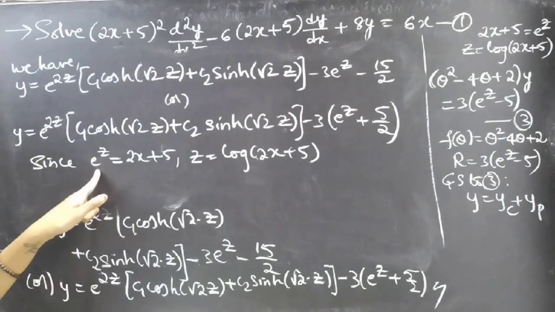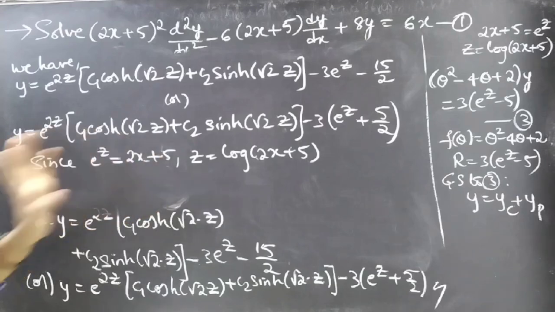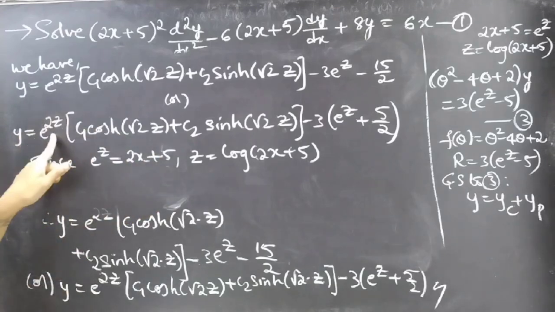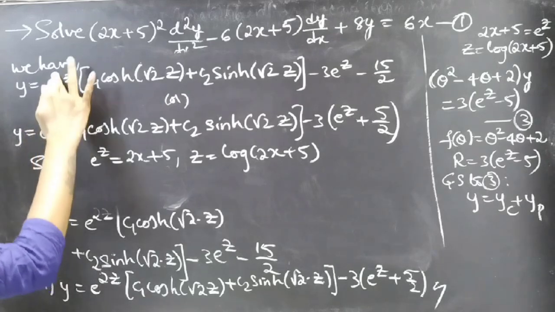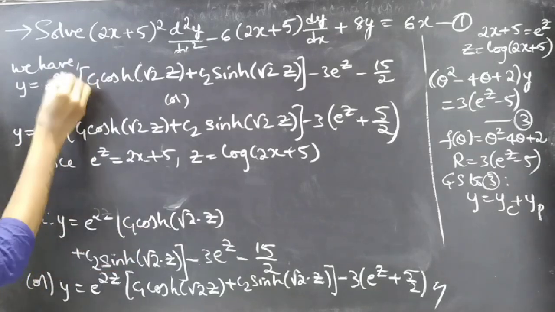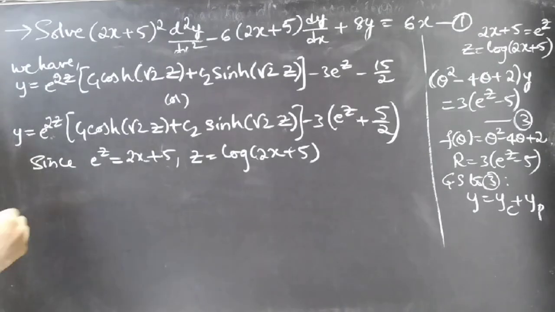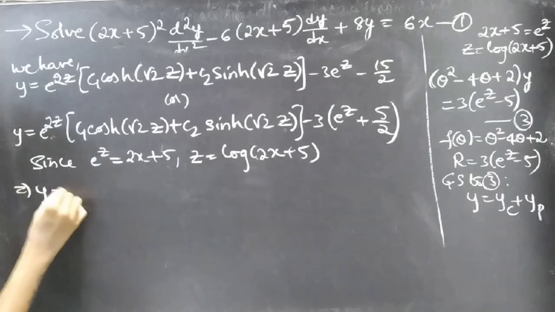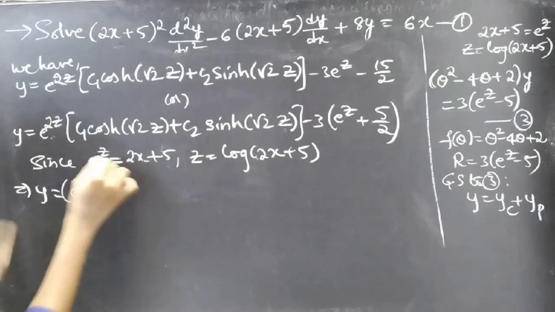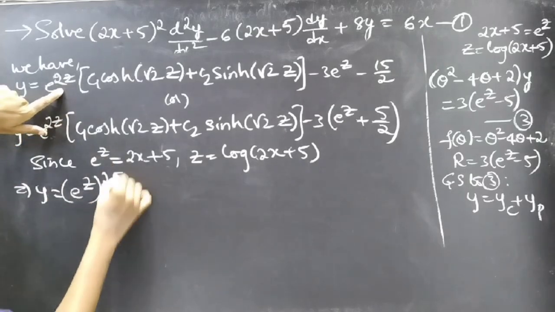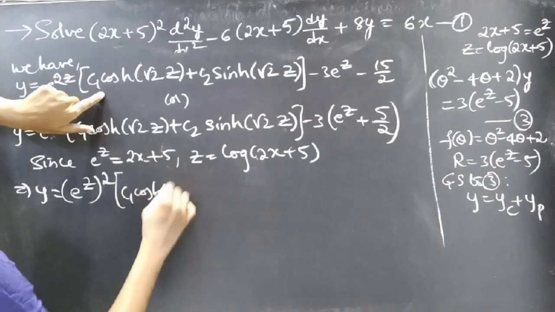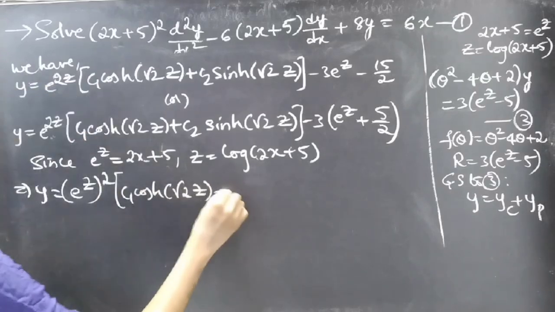In order to replace e power z by 2x plus 5, we'll write e power 2z as e power z whole square, so that it will be easy for us to replace e power z by 2x plus 5. I'm writing e power 2z as e power z whole square into the remaining terms as they are.